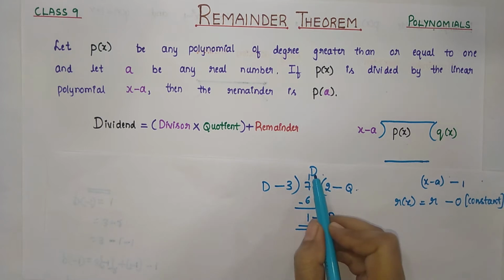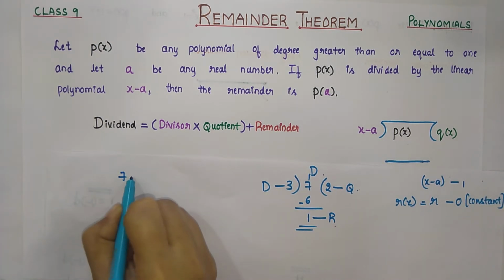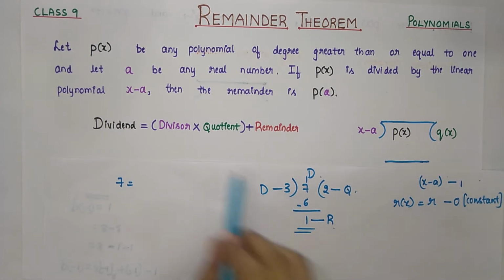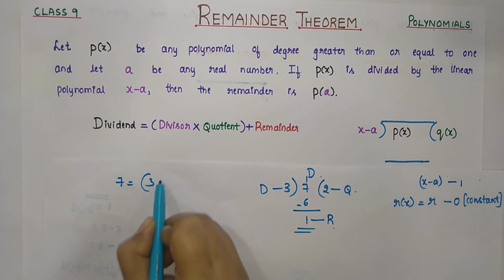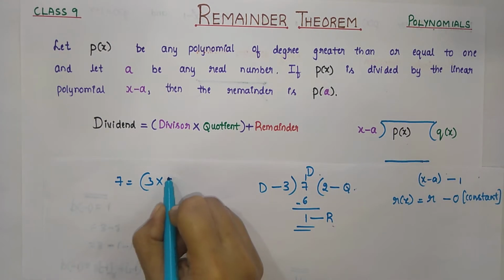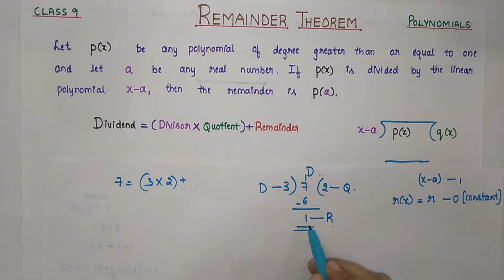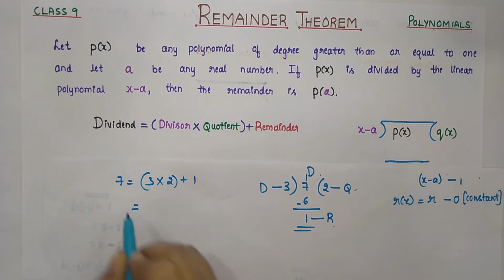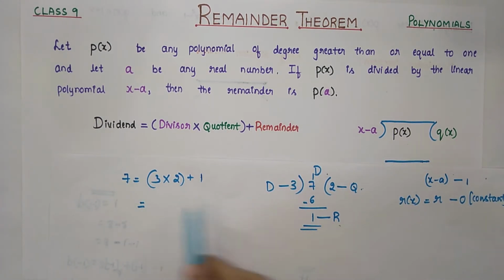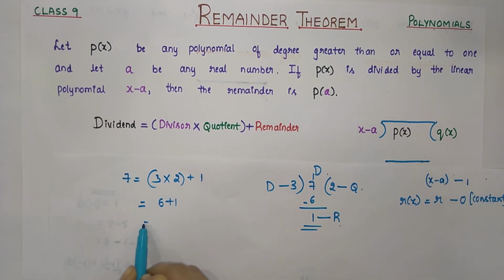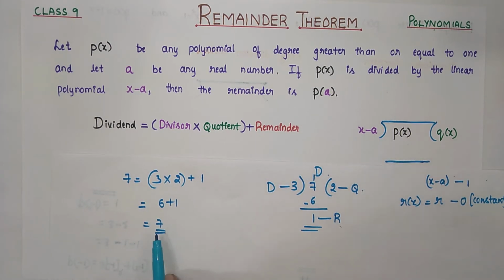So we can write this dividend, that is 7, as equal to divisor 3 into quotient 2 plus remainder 1. It is equal to 3 into 2 is 6 plus 1, which is equal to 7. That is nothing but the value of the dividend.